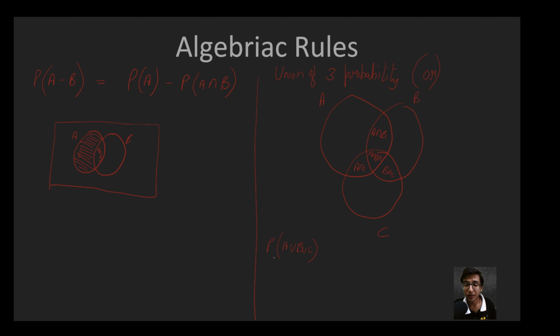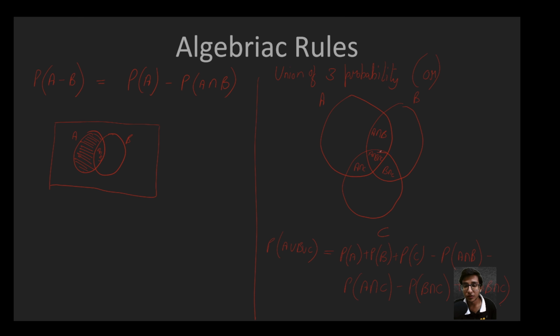How can we write down P of A union B union C? This can be written as P(A) plus P(B) plus P(C) minus P of A intersection B minus P of A intersection C minus P of B intersection C plus P of A intersection B intersection C.